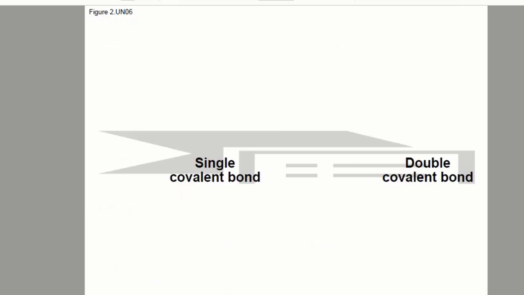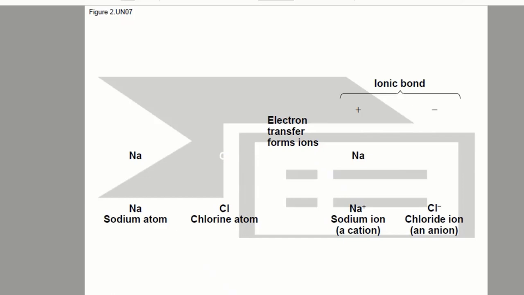There's a single covalent bond and a double covalent bond. We're still going to talk about what those are. Then there is what we call the ionic bond, where there is an electron transfer between ions.